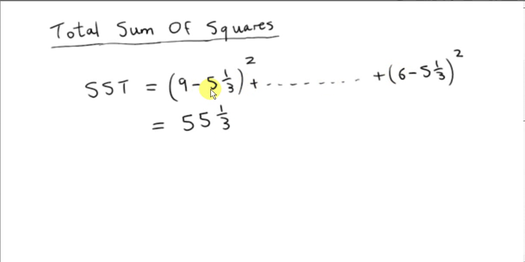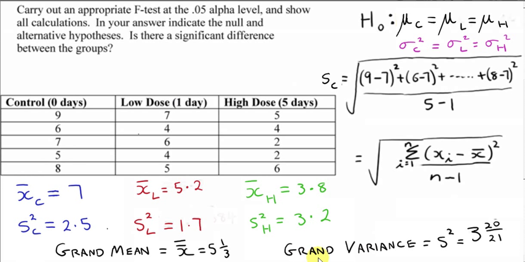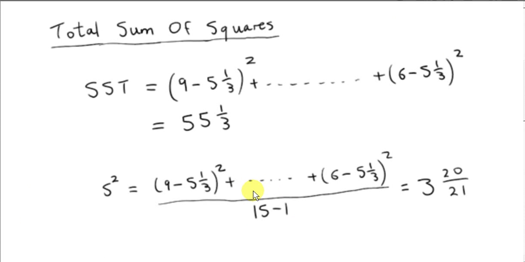Now there's a much quicker way of doing this. Earlier we calculated the grand variance, which we called S squared. We got 3 and 20 over 21. So here is the grand variance. So how do we calculate the grand variance? Well, you could do it on the calculator, but what does the calculation involve? It involves taking each of the 15 values, subtracting the grand mean and squaring, and summing all those square deviations.